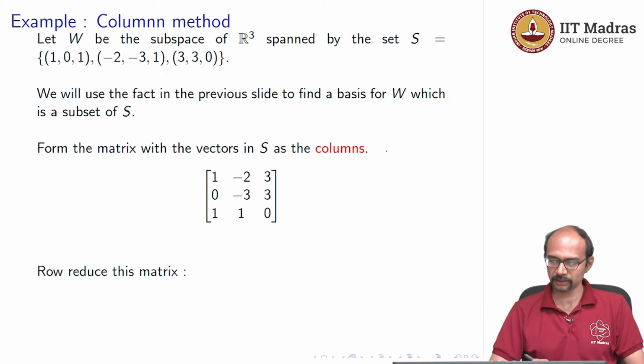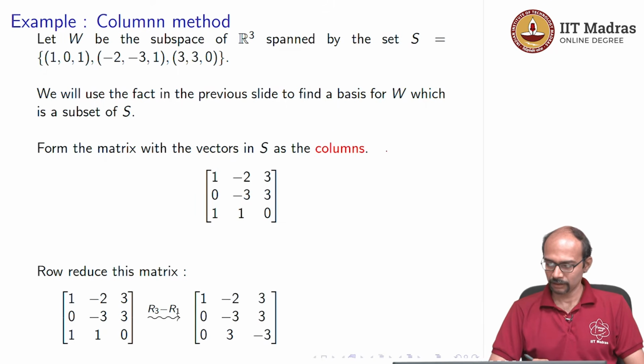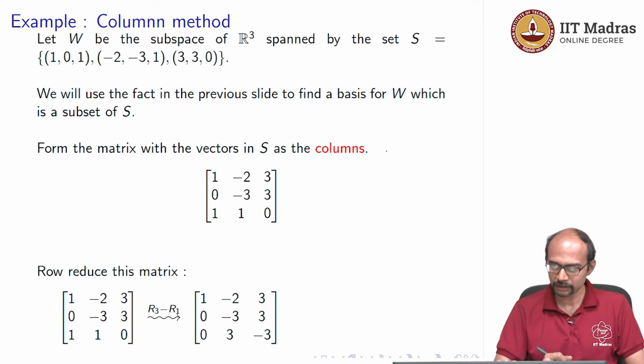Row reduce this matrix. You have rows 1, -2, 3; 0, -3, 3; 1, 1, 0. Let us see how to go about this. For the first column, you subtract the first row from the third row, so as to make the 1 in the (3,1) position 0.